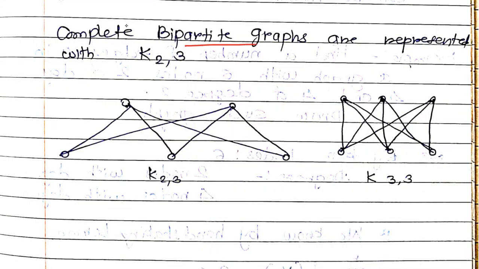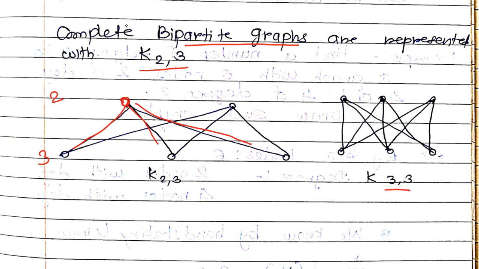Now complete bipartite graphs are represented by notation like K2,3, meaning 2 nodes in one set and 3 nodes in the other set. Every vertex from set A is connected to every vertex of set B. That is called a complete bipartite graph.